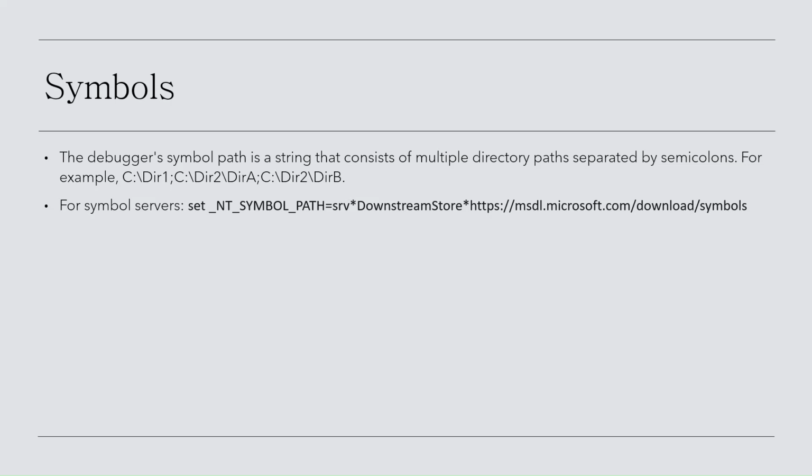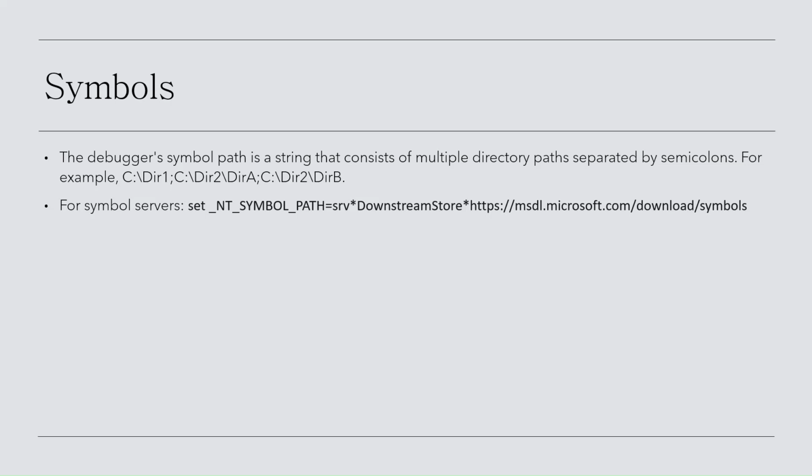You can also set up a symbol server, which means you point your debugger to a web location and ask your debugger to search and download your symbols from there.